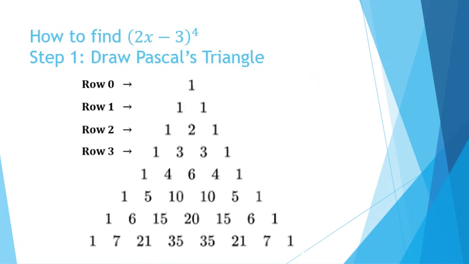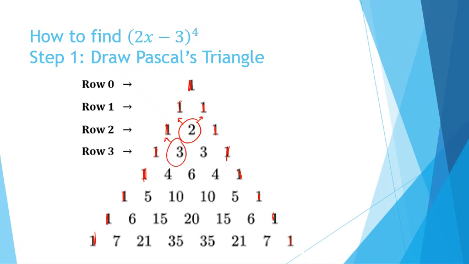So the first one is how to find this. You want to draw Pascal's triangle. What Pascal's triangle is: start with 1, 1, 1, and then 1's going down the sides, right? And so that's how you would form it. Pretty much each number is made up by summing the 2 numbers on top of it.